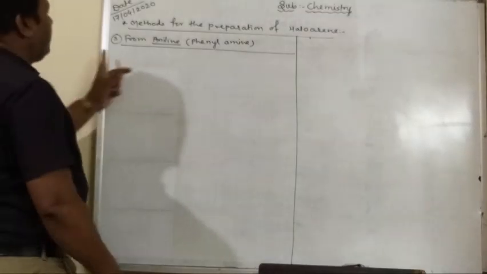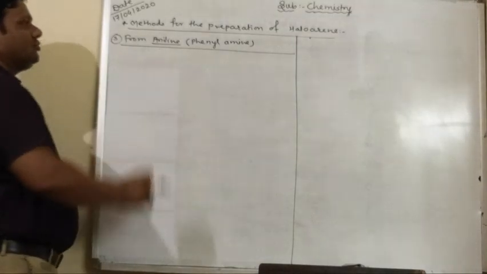Okay, now third method is from aniline. Aniline means C6H5NH2, that is phenylamine.